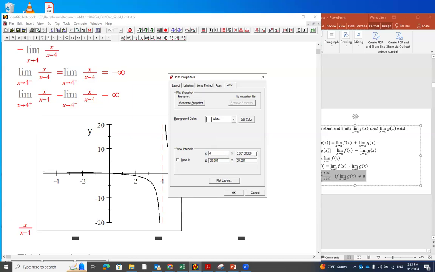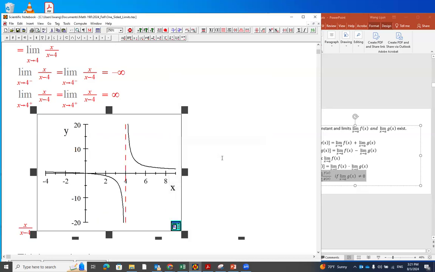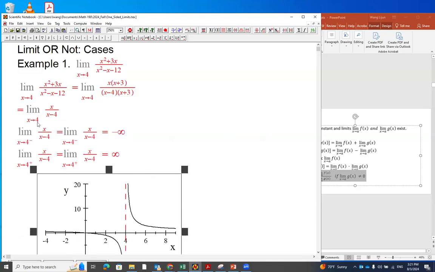Over here we have maybe 9, negative 20, positive 20. From this picture, we can see the limit when x is approaching 4 does not exist.